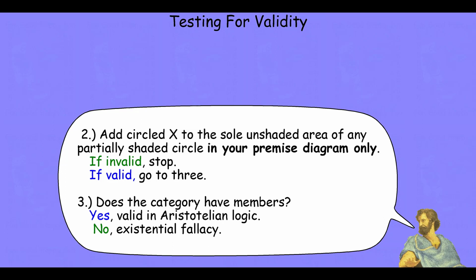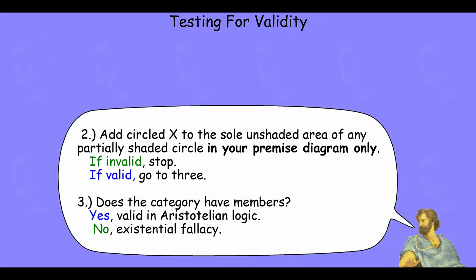As a result, both of those ways would have to make the conclusion true. And so only when we have an X in a single area, only when it's not on the line, does it have the potential to make an argument valid. That's why we put our circled X's only in classes with 3 of the 4 areas shaded, so that we can put it in one determinate spot so that it might make a difference.